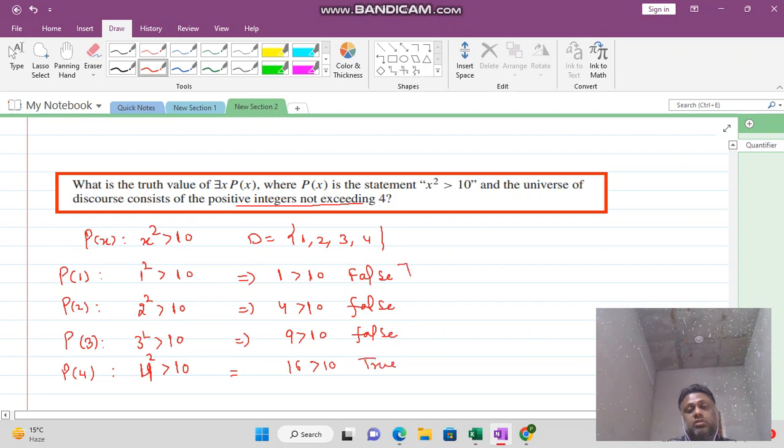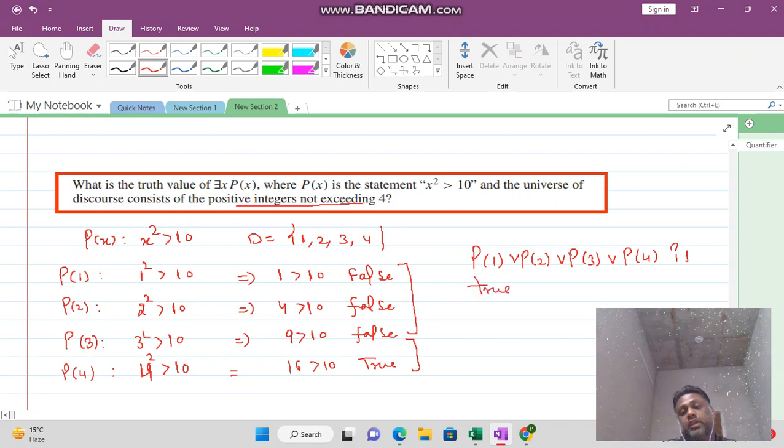So three statements are false and one is true, so P(1) disjunction P(2) disjunction P(3) disjunction P(4) is true, and this disjunction being true means that there exists x for which this P(x) is true.